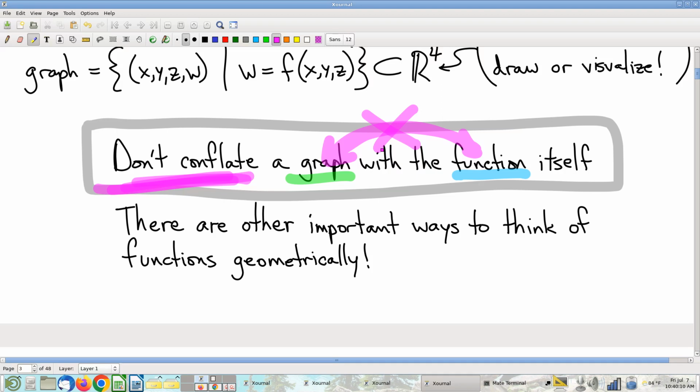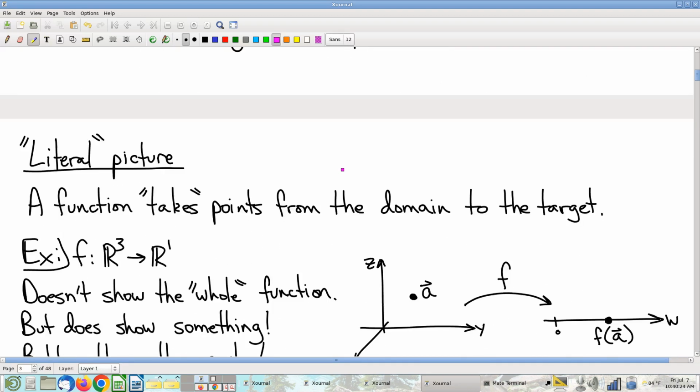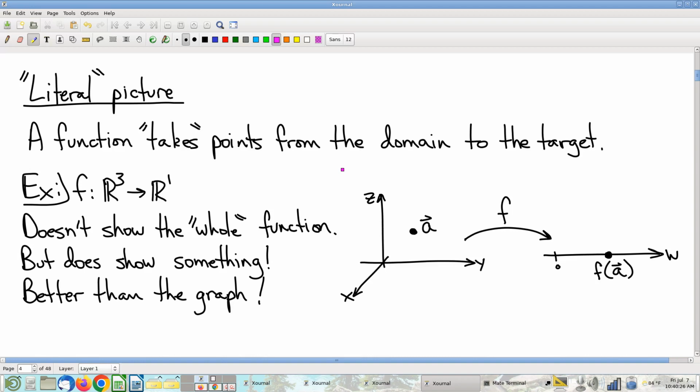And make sure to use the terminology carefully, because you can talk yourself into problems so easily, and ultimately this will lead to wrong answers. Okay. All right, moving along. Here's my next example of a completely different construction. This is a picture that I can draw.